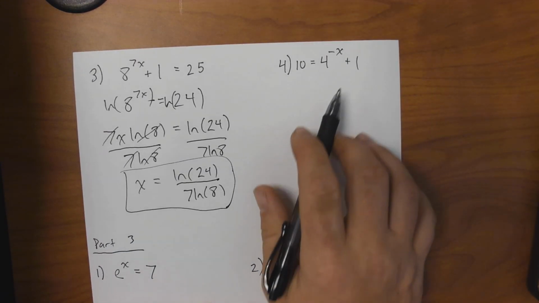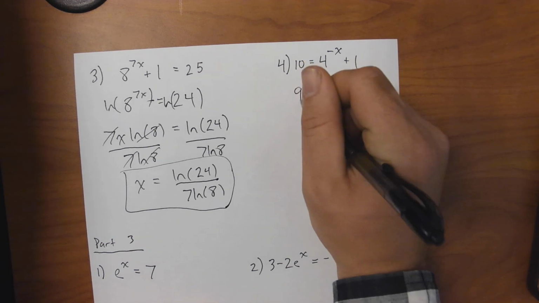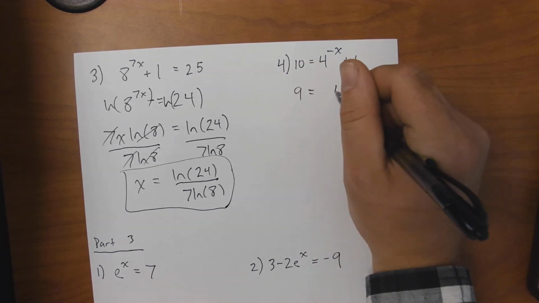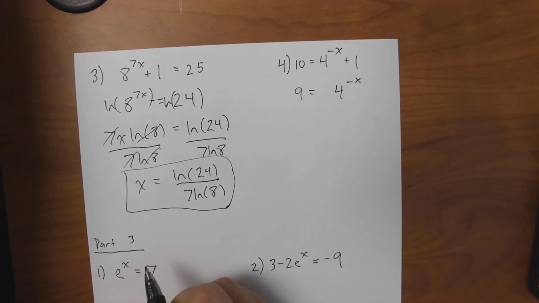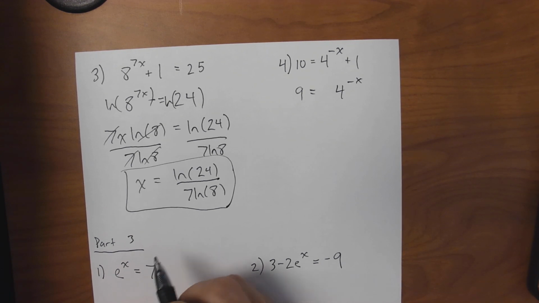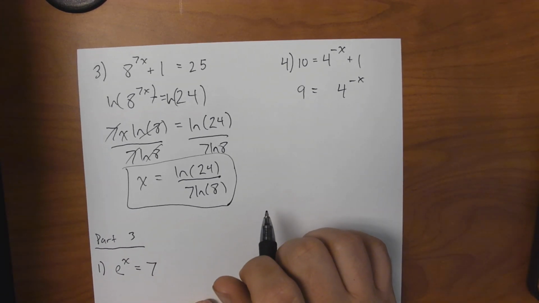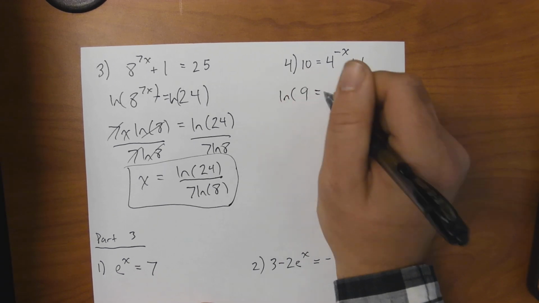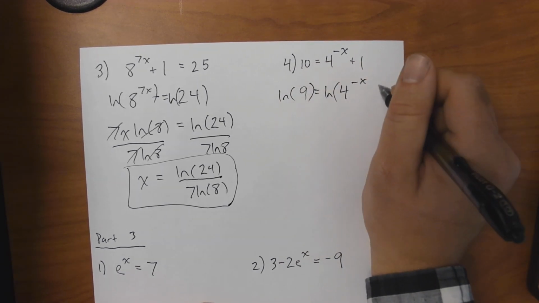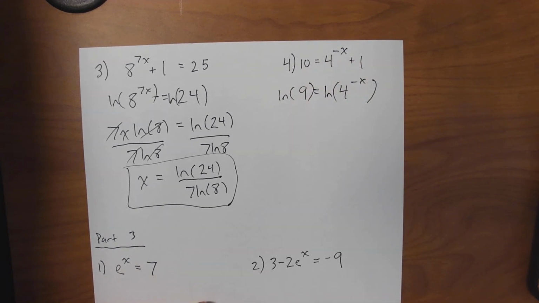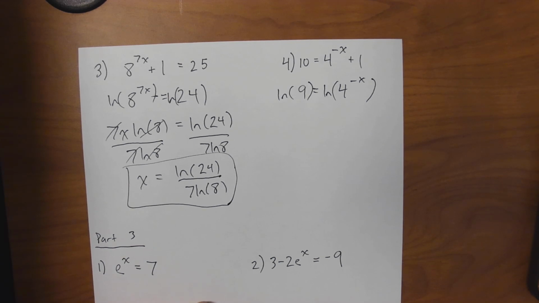Look at number 4. We're going to go ahead and subtract 1 from both sides to isolate the exponential. And then we're going to go ahead and log both sides. Natural logarithm left, natural logarithm the right. And then go ahead and pull the power out front.